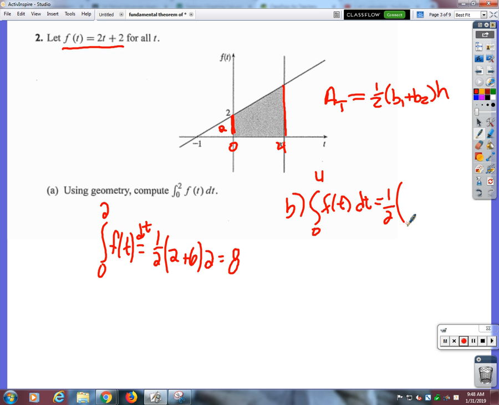What is base 1? 2. Always 2. This one right here will never change because the y-intercept is always 2. Plus 10, because if I plug 4 into here, I get 10, times the height, which is 4. So that gives me a final answer of 24. Okay?